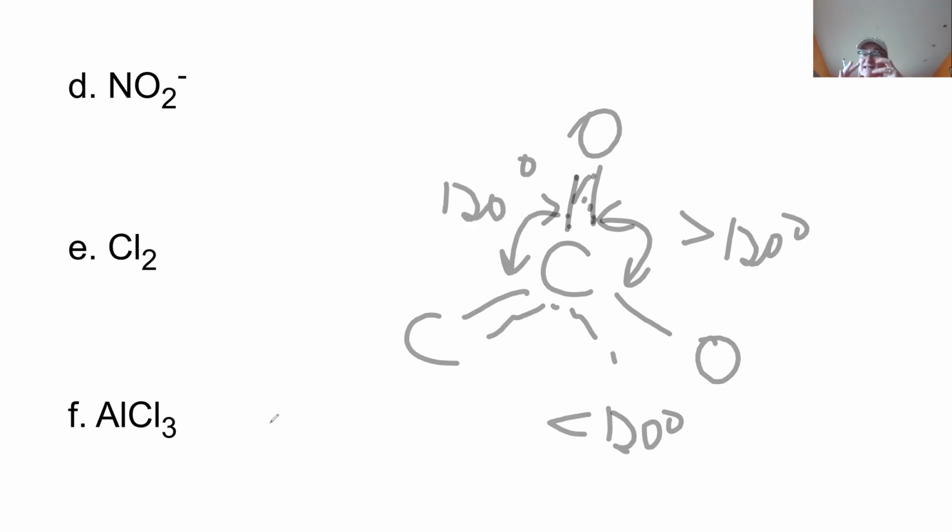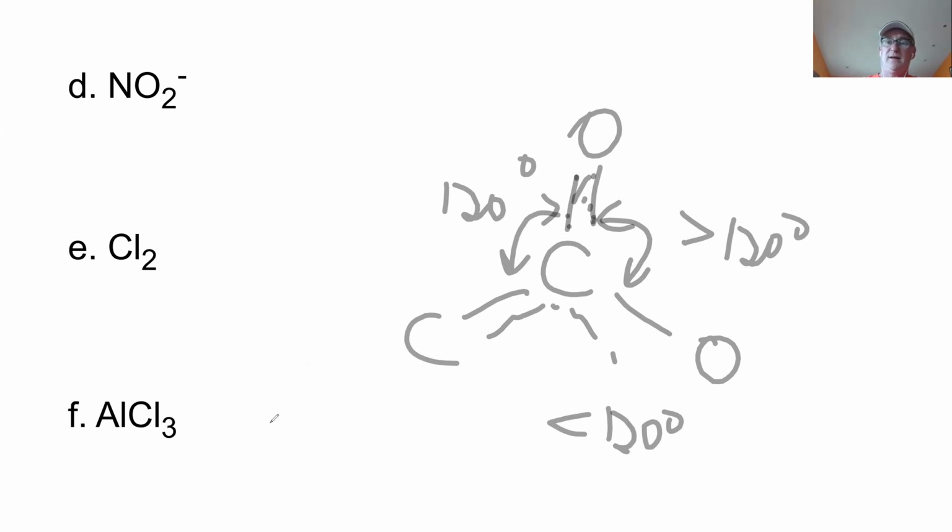So basically, anytime you have more electron density on one side, it makes the angle between that increased density and the other regions greater, and it pushes the 2 regions without the increased density closer together. It makes that angle smaller. That's always going to happen.